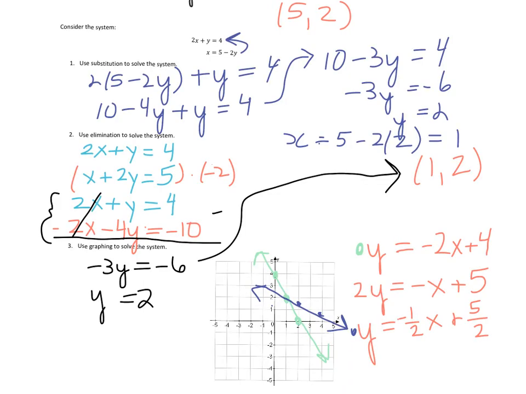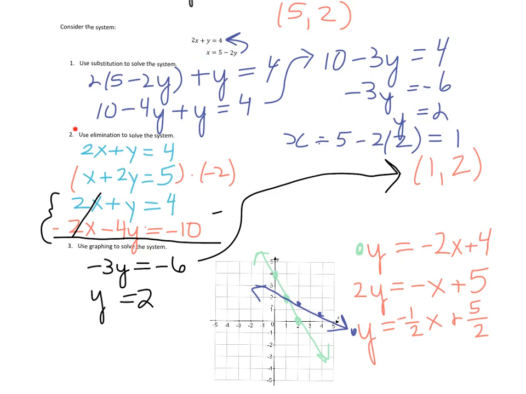Whew. All right, so lots going on here. So substitution, you plug it into the top equation and you solve for your y. Once you solve for y, you plug it into one of the equations. I used the equation x equals 5 minus 2y, and you get x equals 1. Substitution was ideal because x was already solved for.